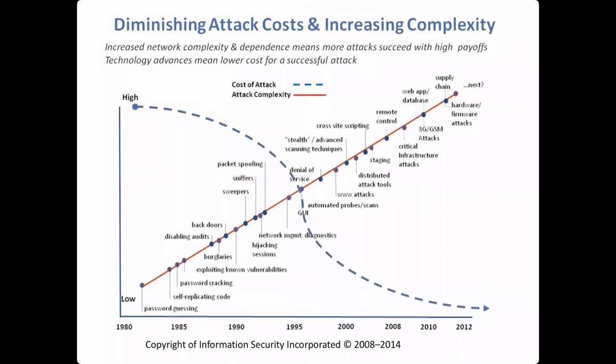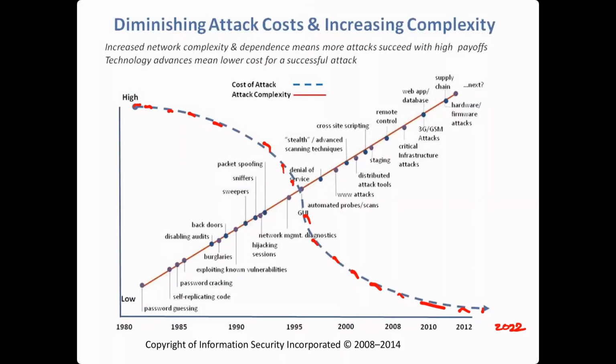Okay, this is a very important chart. You can get it from the internet. In fact, a similar chart goes up to 2022. It says that the cost of attack, this dotted line, is decreasing very fast over time.